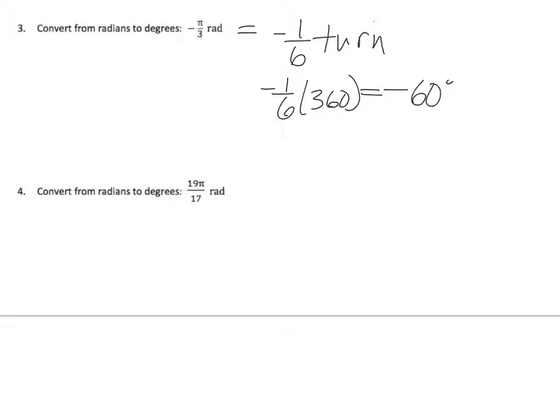And then a little bit messier. If this is radians, we're at 19 pi over 17 of a turn. Looking at this though, I'm going more than a turn, right? So that would be 1 and 2/17.